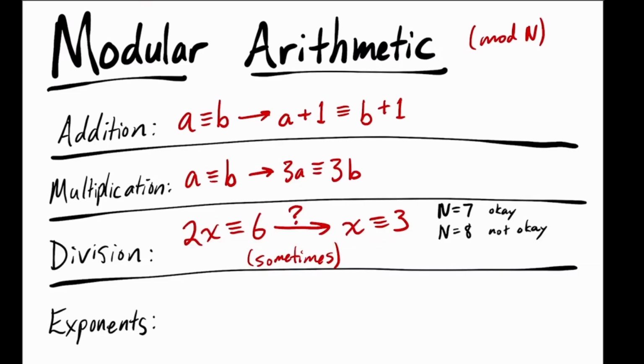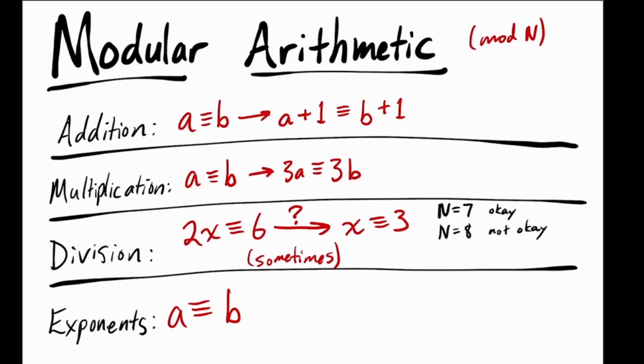And then our last operation that we really need, and this one is clearly important for RSA, is to be able to look at exponents in modular arithmetic, but we can't do the following. It might seem tempting to do this.